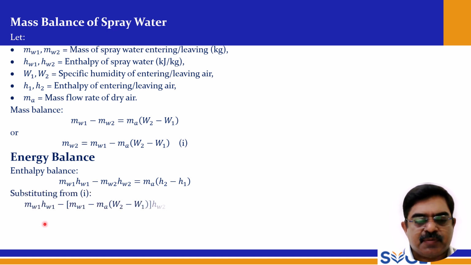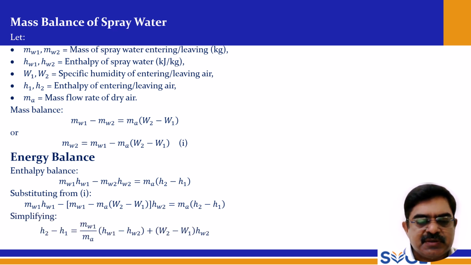Substituting from the first equation, we get MW1 HW1 minus MW1 minus MA into W2 minus W1 into HW2, which equals MA into H2 minus H1. When we simplify this, H2 minus H1 equals MW1 divided by MA, HW1 minus HW2, plus W2 minus W1 into HW2.